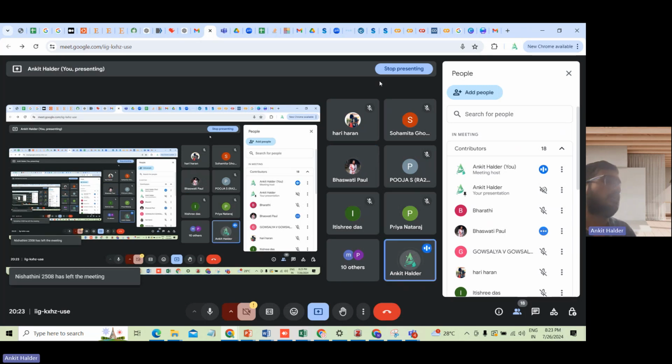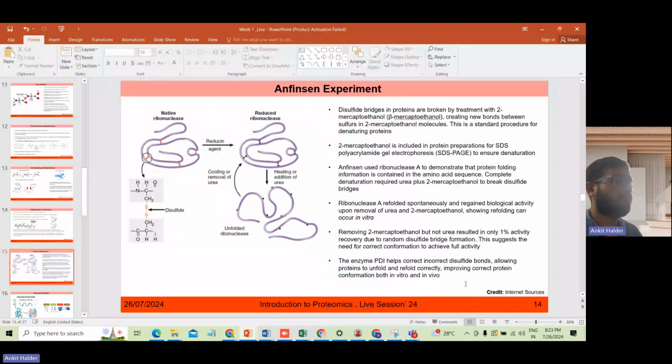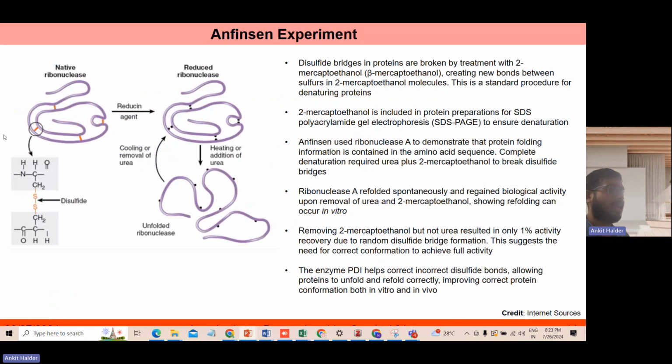Correct. So what we can understand is that after the reagents are removed, the protein retains its property or state, and we can also say that we can understand protein folding in the in vitro state. We will just see each and every step, we will just brush up.